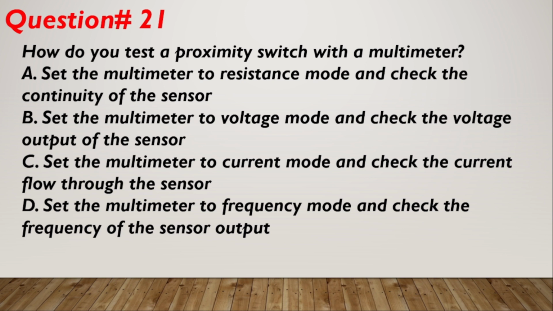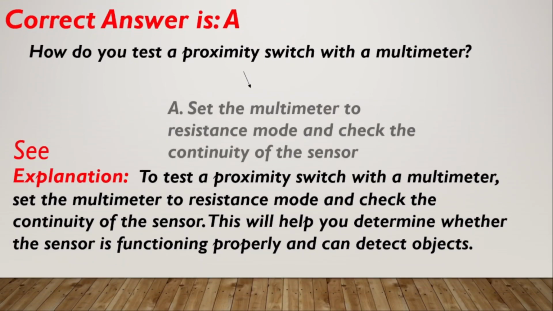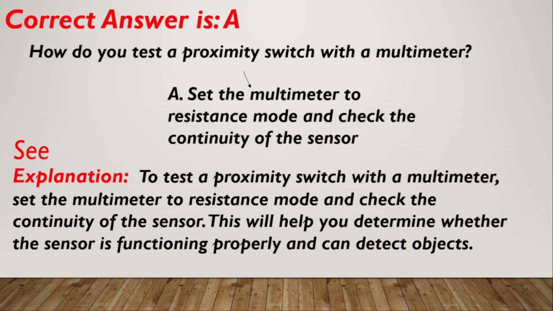C. Set the multimeter to current mode and check the current flow through the sensor. D. Set the multimeter to frequency mode and check the frequency of the sensor output. Correct answer is A. Set the multimeter to resistance mode and check the continuity of the sensor.